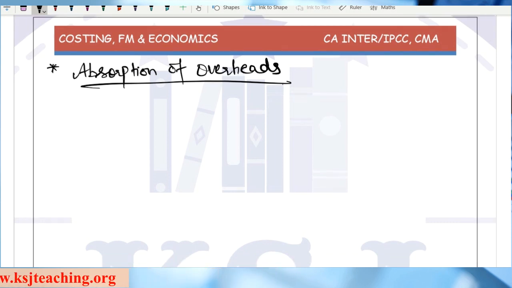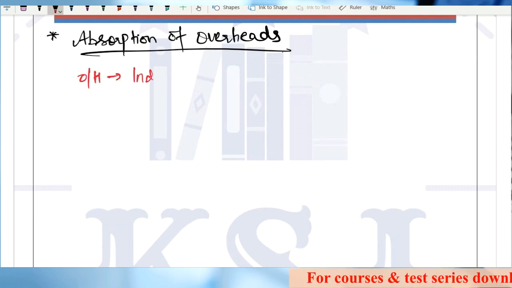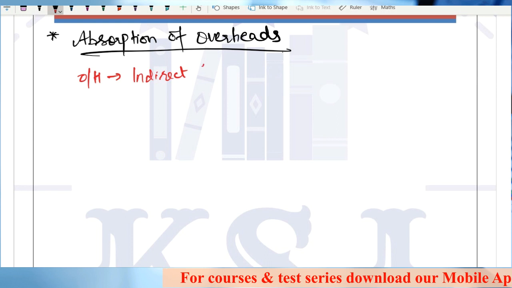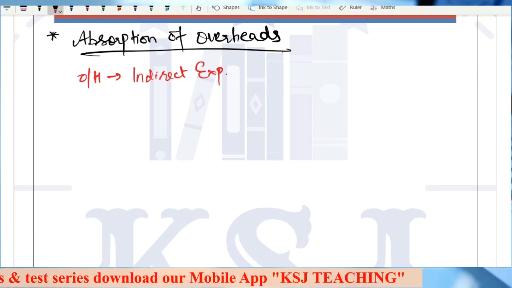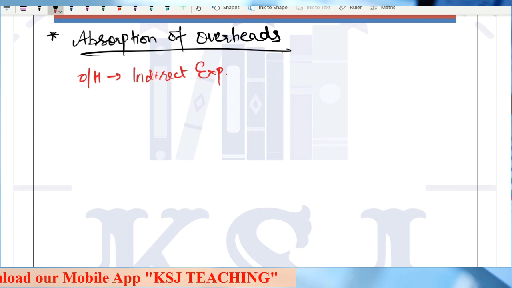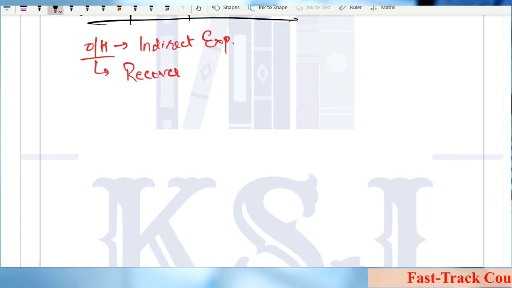Okay. What are overheads? We say, sir, overheads are all the indirect expenses, right? Indirect expenses means all those expenses which cannot be identified in one unit of finished goods. Agreed, sir? Clear? But these overheads are to be recovered from the customer.